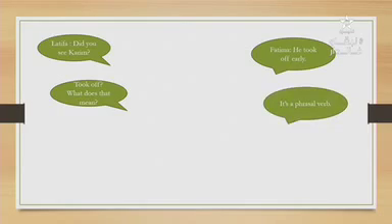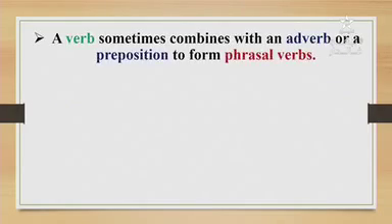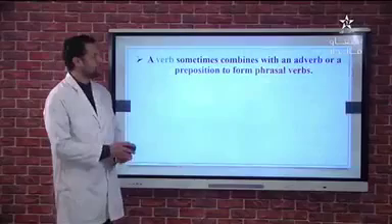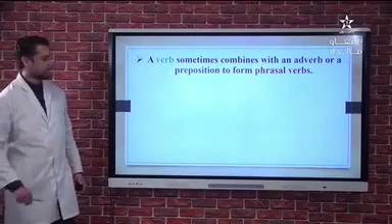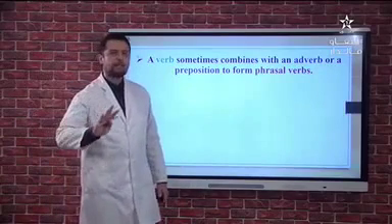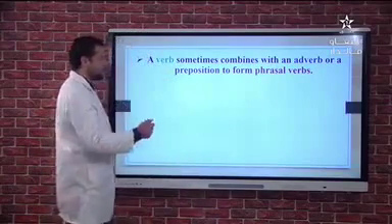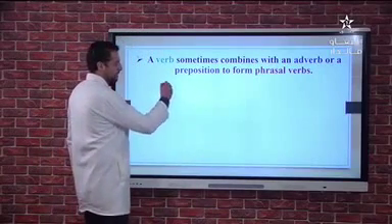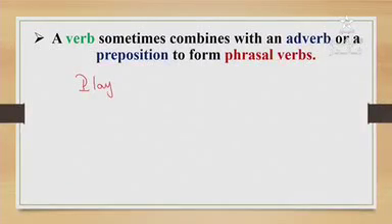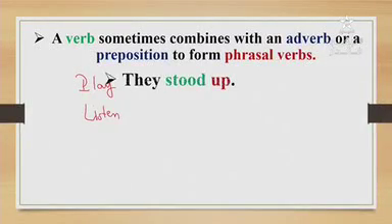All right. So, a verb sometimes combines with an adverb or a preposition to form a phrasal verb. Right. So, in general, in English, we have verbs like play, listen, speak, go, watch.